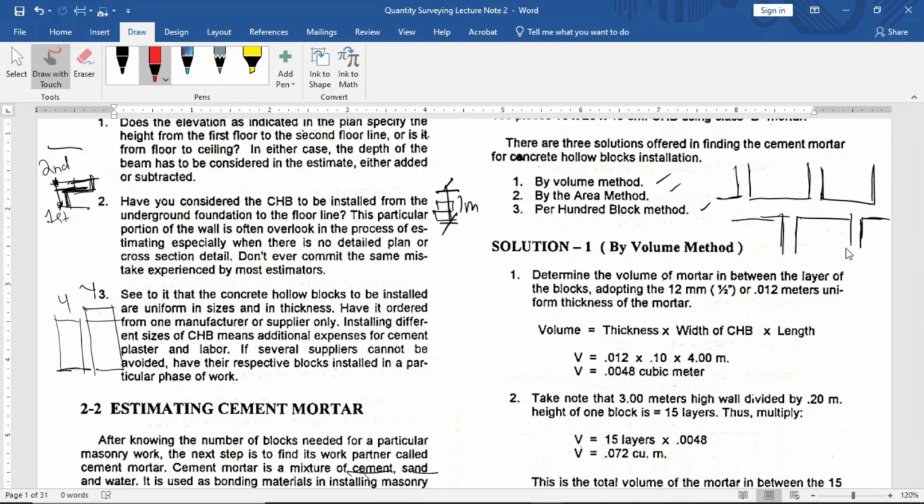Ito yung exaggerated lang to. Yung pang-connect natin sa bawat hollow blocks. Parang palaman baga. Pero walang space naman dito kasi konektado dapat yan dito. Kasi magbubuo yan dito.